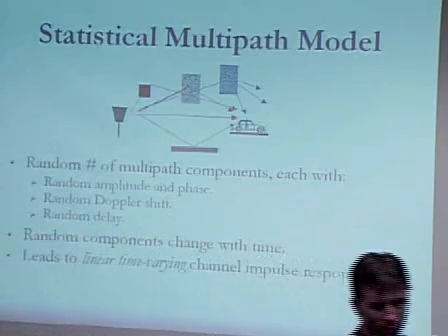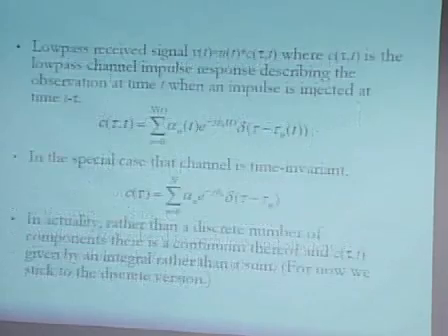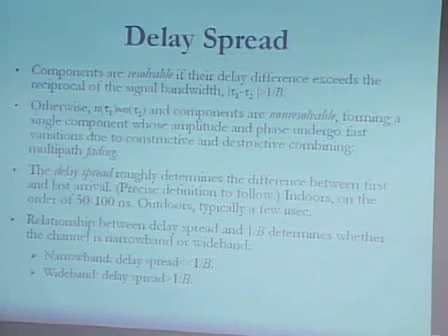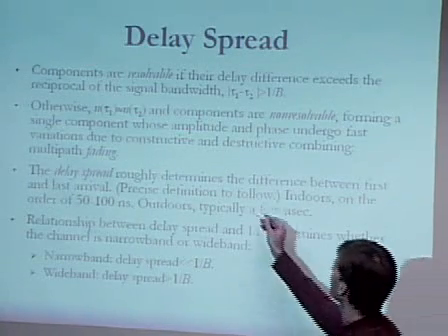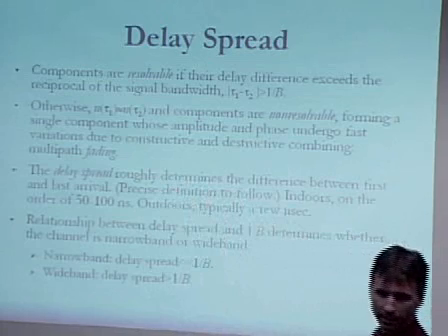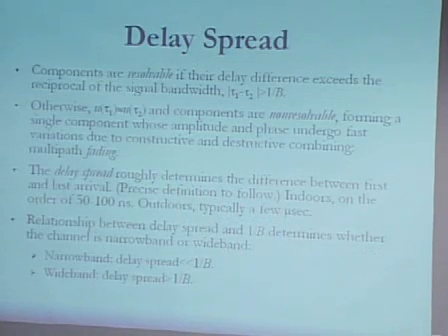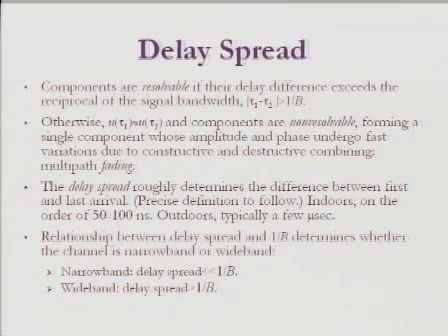So the difference between these two delays, roughly speaking, and I say roughly because we'll give a precise definition a little later, is the delay spread. Okay, so it gives us a notion of how much temporal dispersion there is. So we send the signal at one time, and it gets there at multiple times. So how dispersed are these times? Well, that's what the delay spread quantifies.